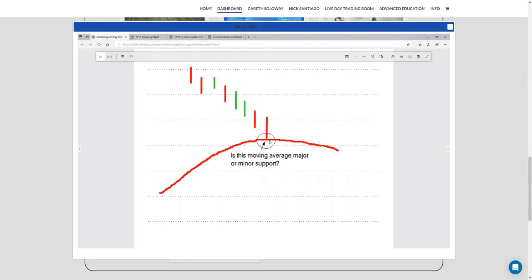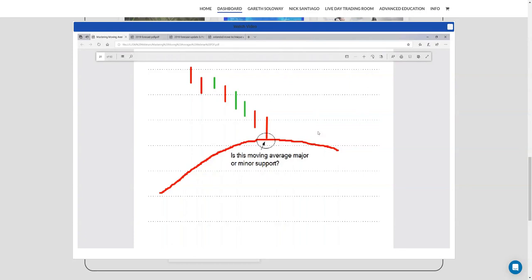What is that? Major or minor? Yeah, it's major, right? Coming right in. It's cleaner. So a lot of times, you get these moves and they come into a support level or a moving average, or it could be any other support levels that we use, the other dozen.